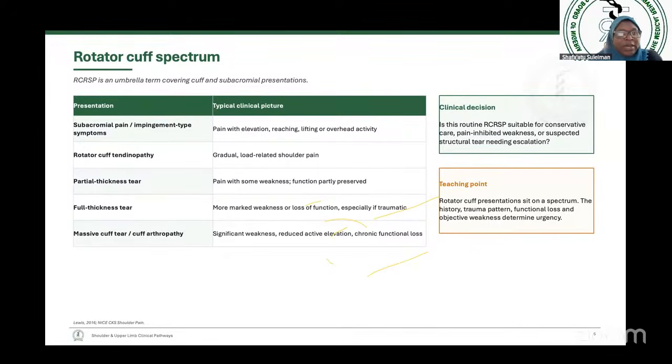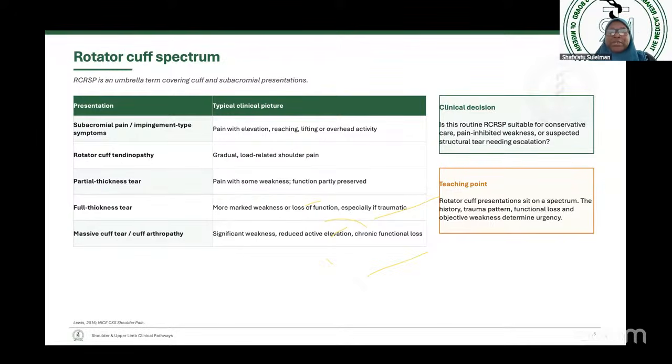In the case of a partial thickness tear, there is pain with some weakness, and function can be partly preserved, but there will still be pain. Whereas in the case of a full thickness tear, there will be more marked weakness or complete loss of function. Especially, we should think about this if there is trauma involved.